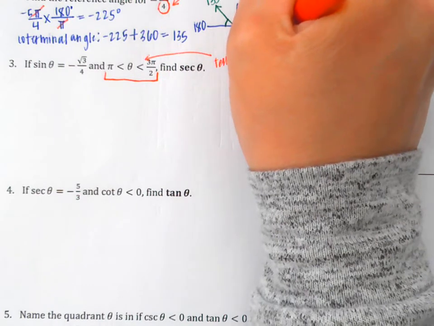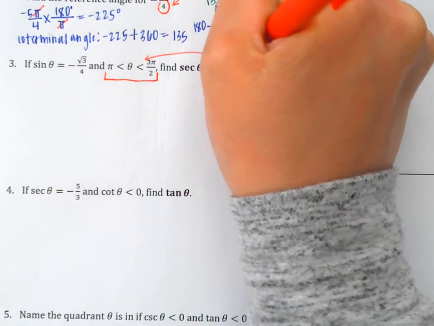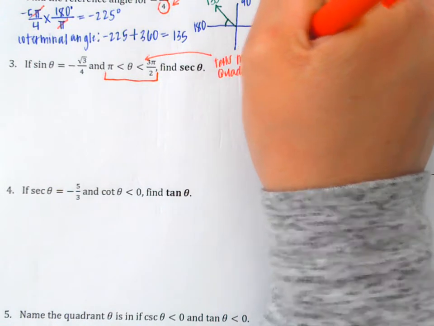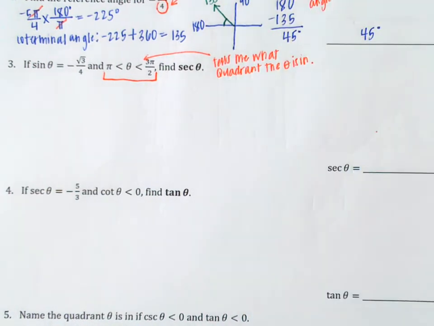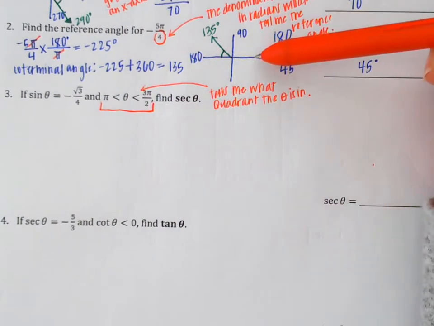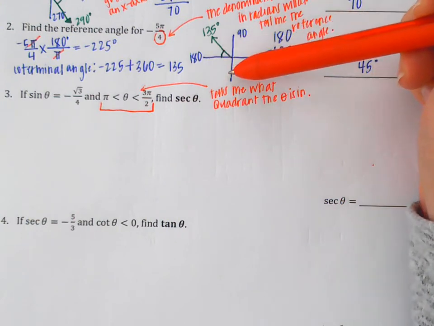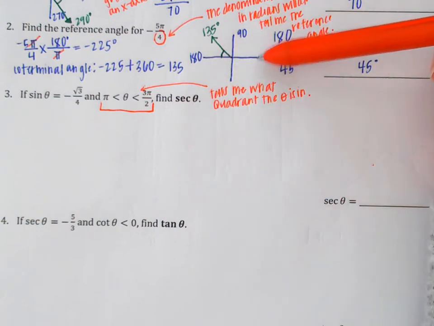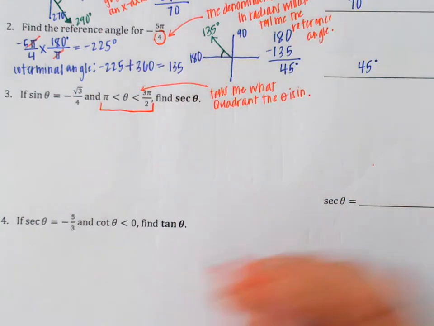So if we come back up here, we know this is 0, pi/2, pi, 3π/2, and 2pi. So if the angle measure is between pi and 3π/2, that's telling me it's in quadrant 3.